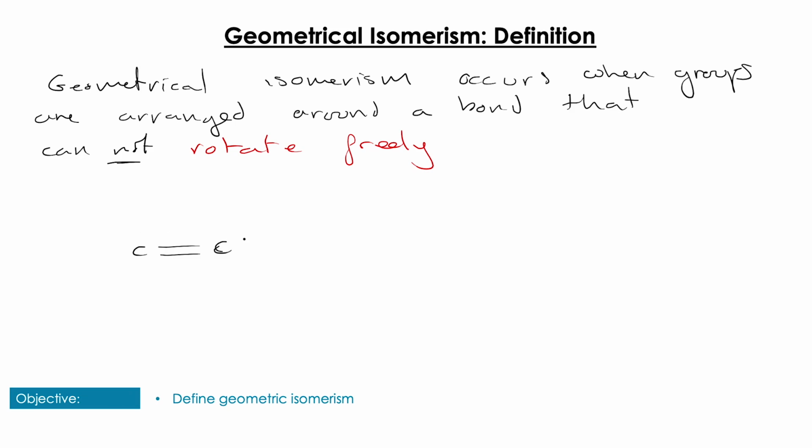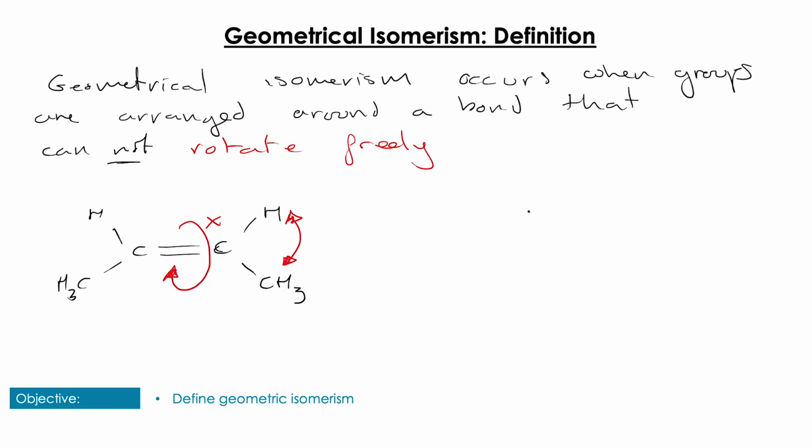We can see this at play around a double bond if we have the two CH3 groups here. Because we cannot rotate around the carbon double bond, it matters if the CH3 is on the same or the opposite side to the carbon bond to the CH3 on the other side.